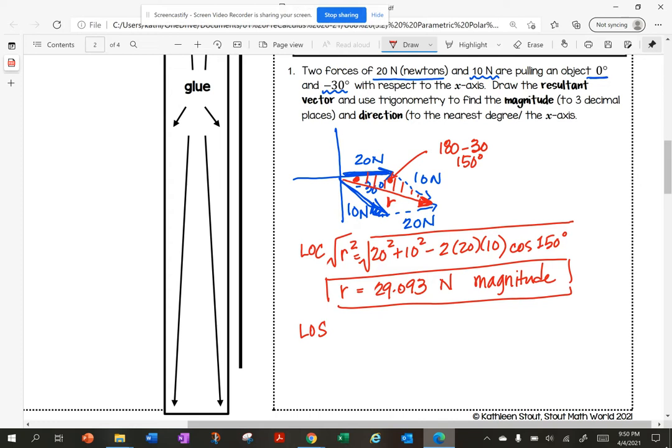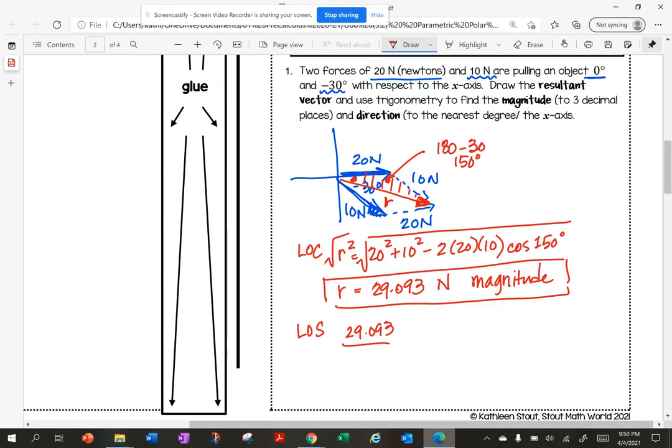So I know the resultant vector is 29.093, and the angle across from it is 150 degrees, so sine of 150 degrees over 29.093 equals the side across the angle I'm looking for, 10 newtons, divided by the sine of the angle I'm trying to find.